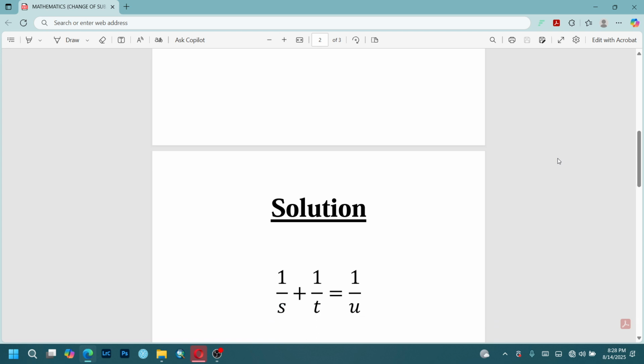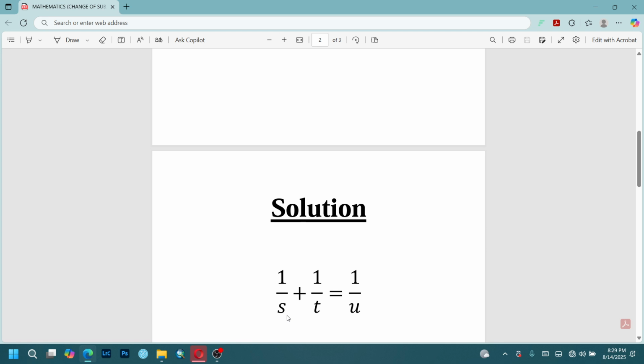Based on the preamble of the question, we are given the equation: the fraction 1 over s plus the fraction 1 over t equals the fraction 1 over u. And we are asked to make s the subject of the relation. So what we have to do is to find the LCM of the equation and multiply it through by all the fractions.